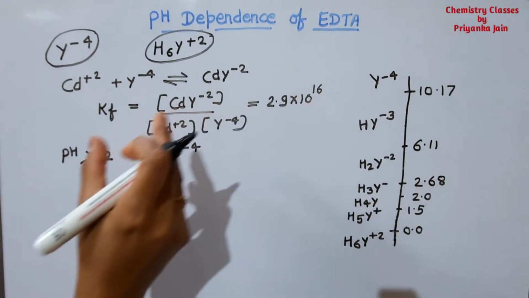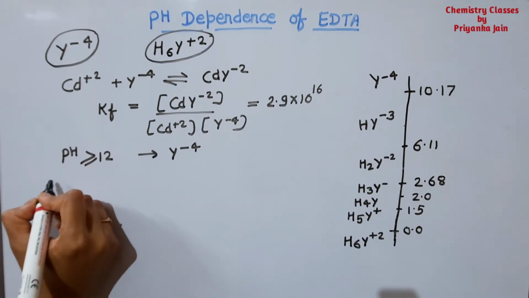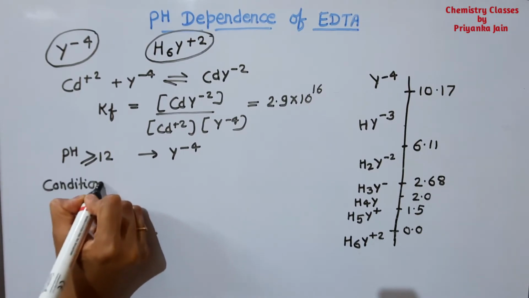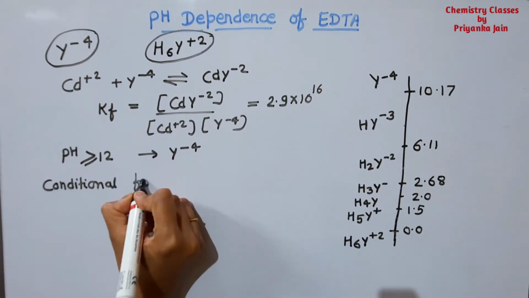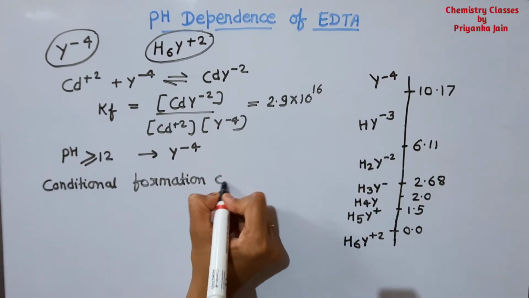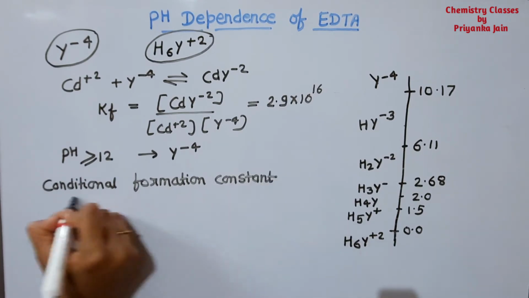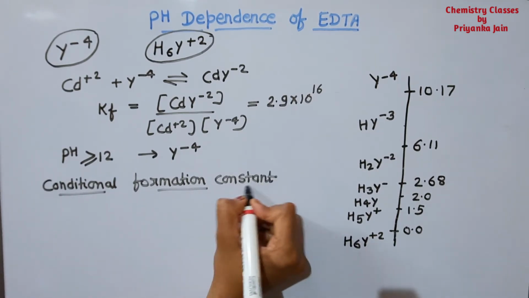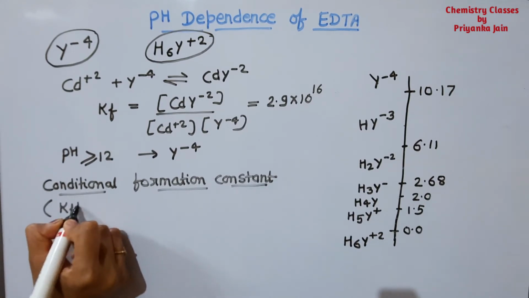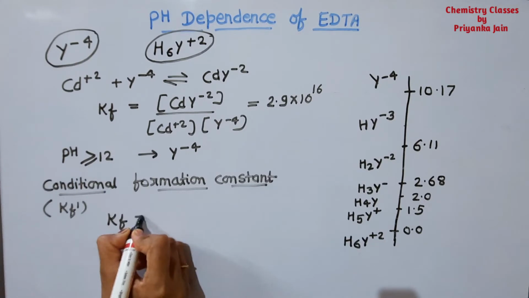So we need another formation constant, that is called the conditional formation constant, and it is denoted by Kf dash.